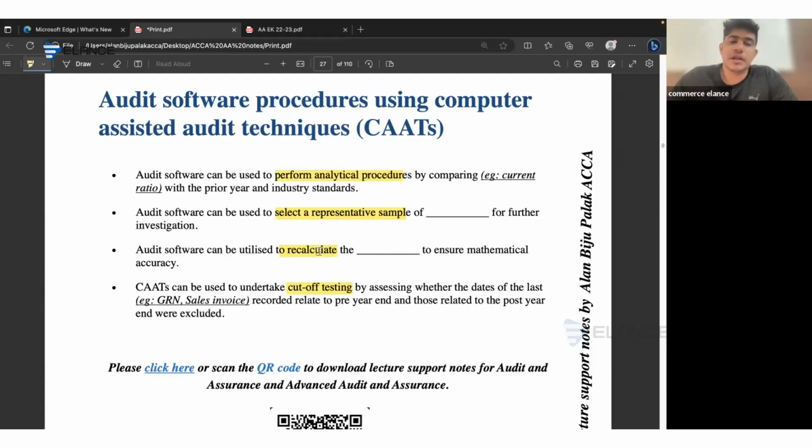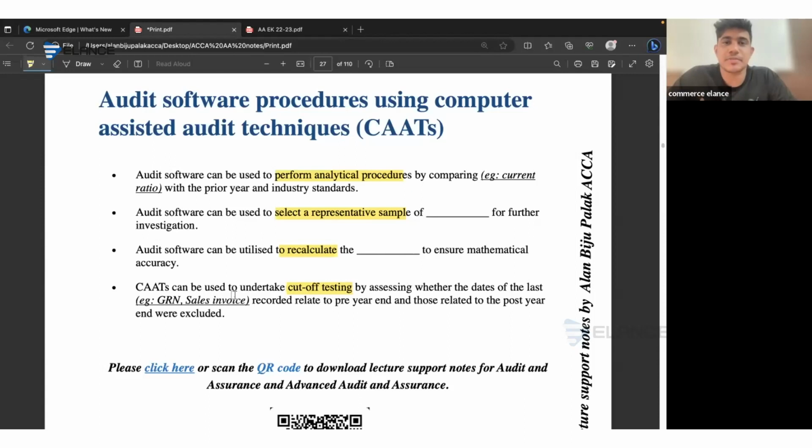Audit software can be utilized to recalculate the trade payables to ensure mathematical accuracy. Or else, if it's based on PPE, then audit software can be used to recalculate the depreciation and amortization to ensure mathematical accuracy. You can write it like that. CAAT can be used to undertake cutoff testing by assessing the dates of the last GRN and purchase invoice recorded related to pre-year end, and that those related to post-year end were excluded. So in this manner, you can give the substantive procedures.